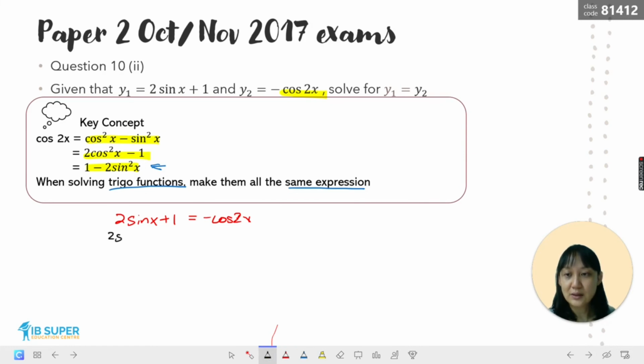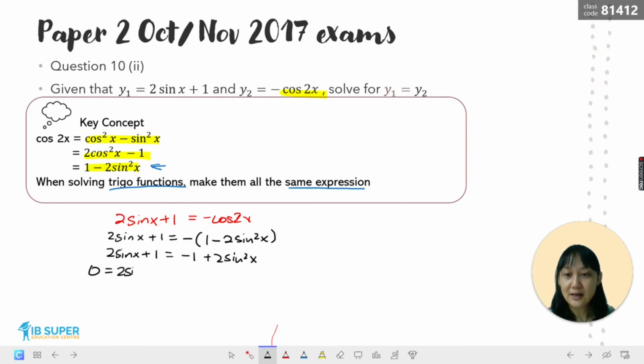So we have 2 sine x plus 1 equals negative (1 minus 2 sine squared x). 2 sine x plus 1 equals negative 1 plus 2 sine squared x. I'm going to bring everything over to one side so that we can have 0 on the other side.